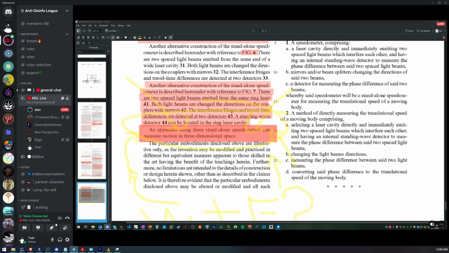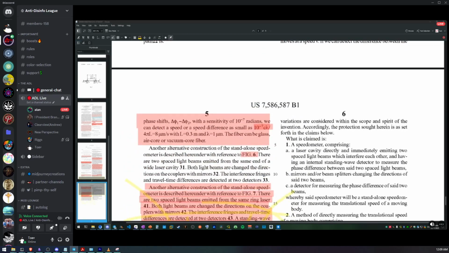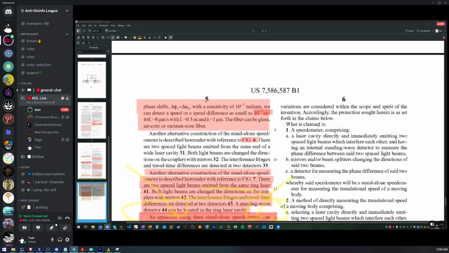Further, no limitations are intended to the details of the construction or the design here shown, other than as described in the claims below. It is therefore evident that the particular embodiments disclosed above may be altered or modified, and all such variations are considered within the scope and spirit of the invention. Accordingly, the protection sought herein is as set forth in the claims following below.